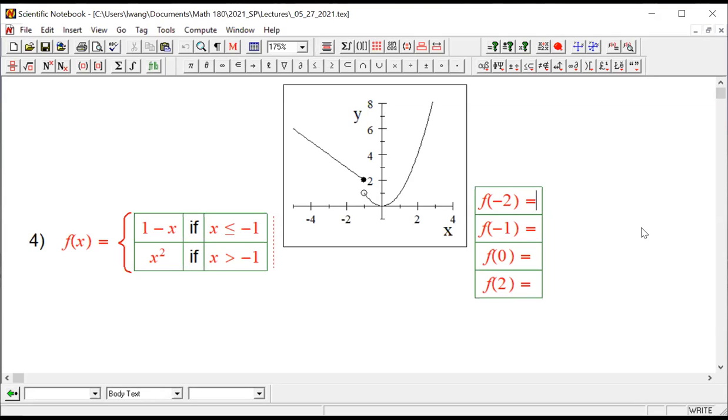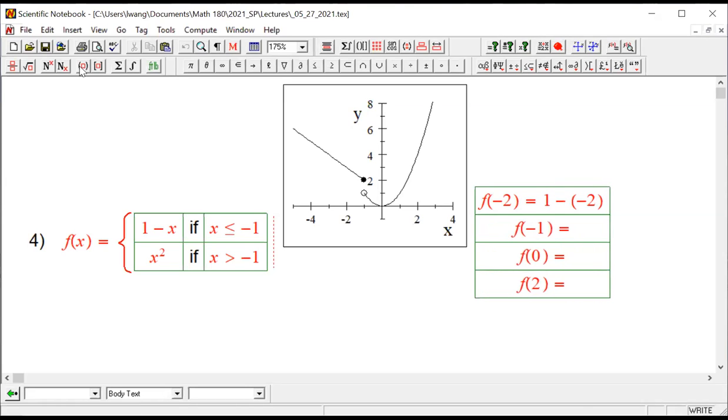Three. That's right. It's the first rule we use, because -2 is in this category. So that's going to be 1 minus -2, which is 3. How about f of -1? 2.